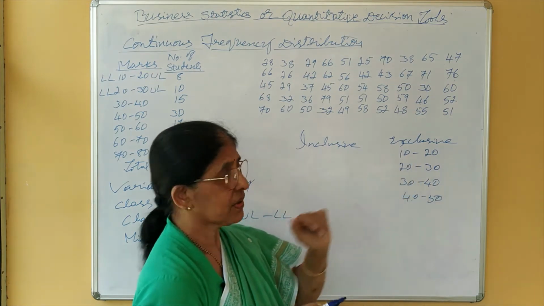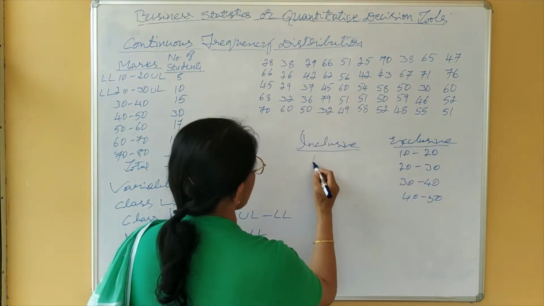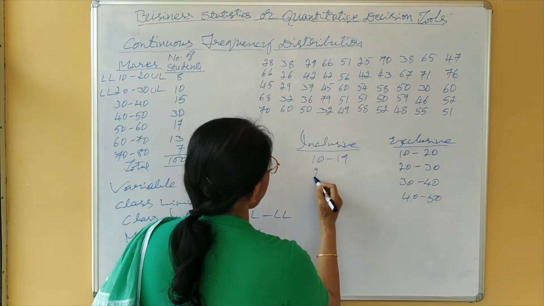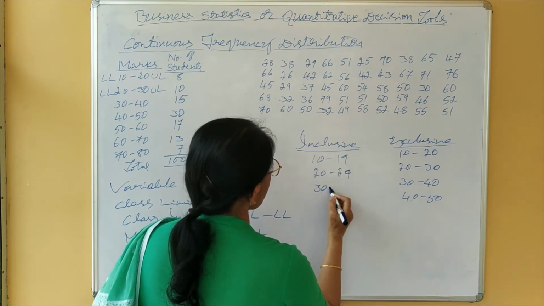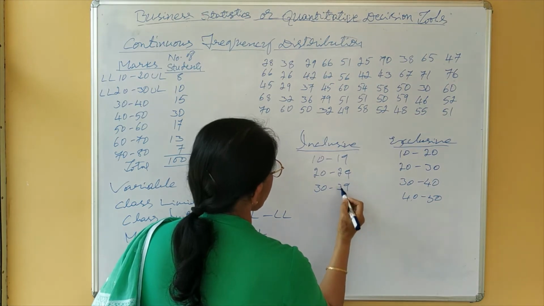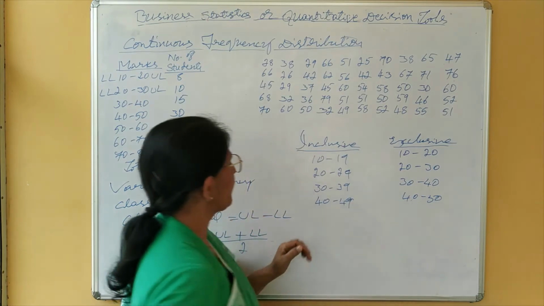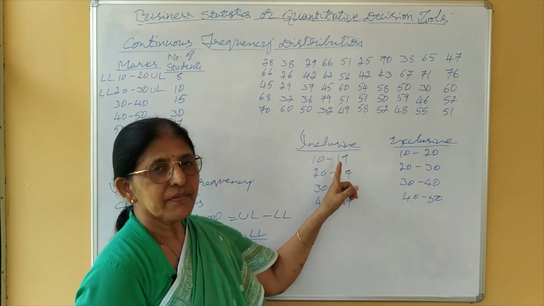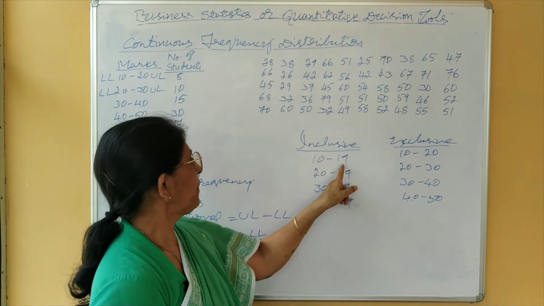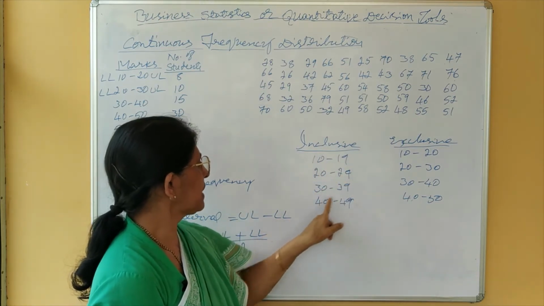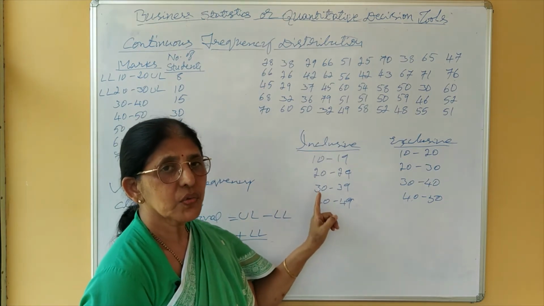Okay. Now, when you come to inclusive method, here upper limit of any class is not equal to the lower limit of the next class. You may observe here, in the process of classification, if the limits are selected in such a way that upper limit of any class is not equal to the lower limit of the immediate next class, that is called inclusive method.